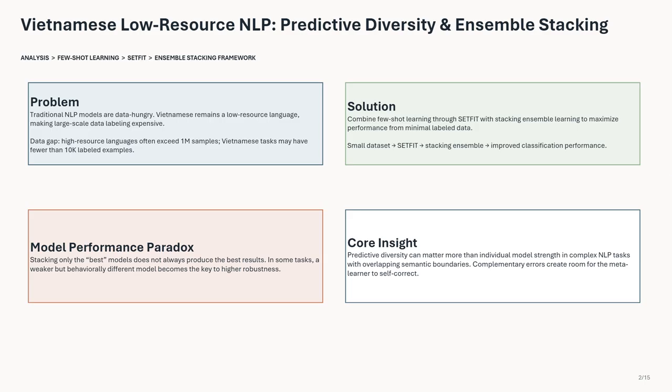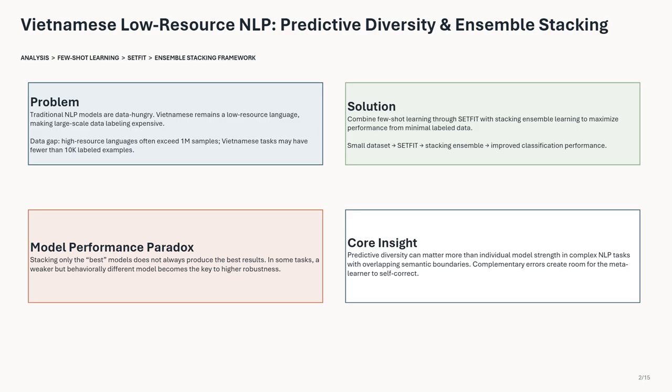The main problem is that many NLP models need a large amount of labeled data. However, Vietnamese is still a low-resource language, so collecting and labeling data can be expensive and time-consuming. To solve this problem, we use few-shot learning.